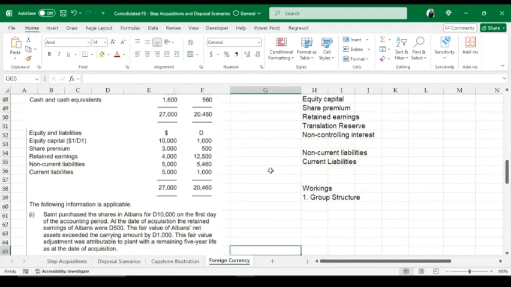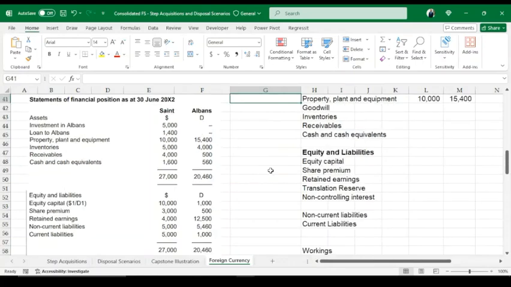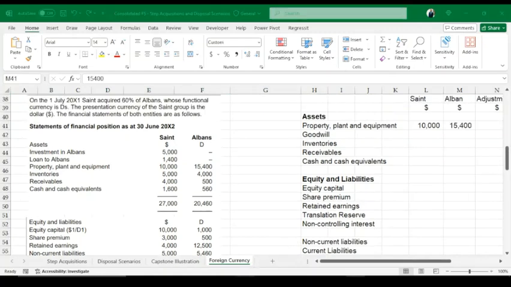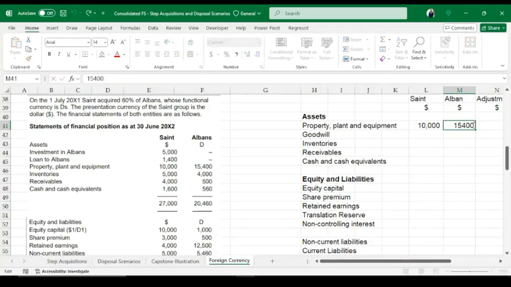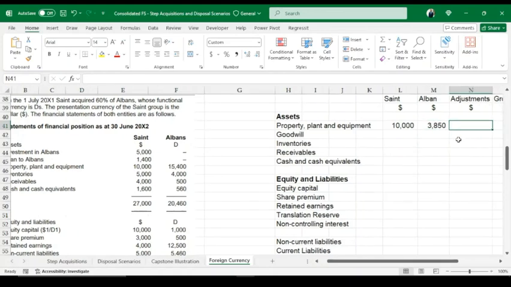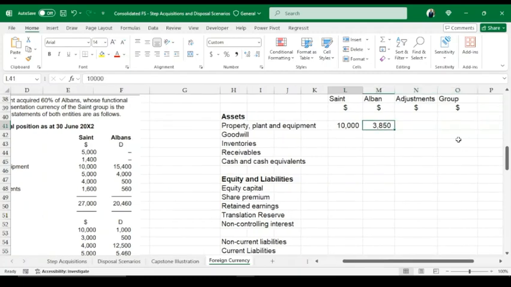So we are going to divide this by 4. Let me input my equal sign there: 15,400 divided by 4, and this is the dollar equivalent. We are going to leave the adjustment for now. So let's just input the figures.